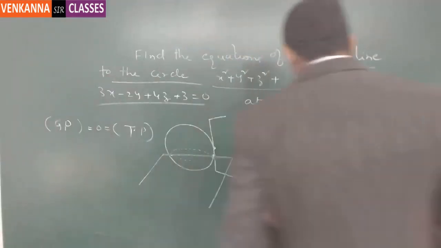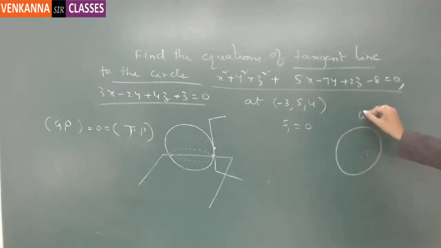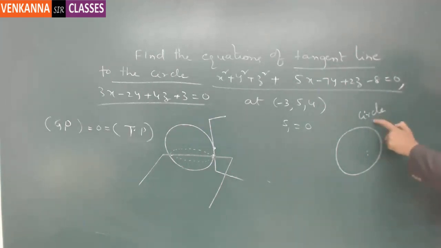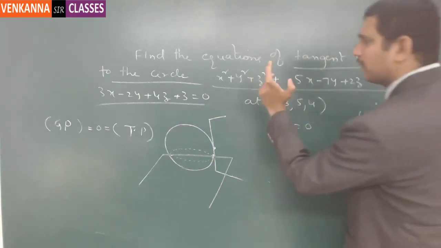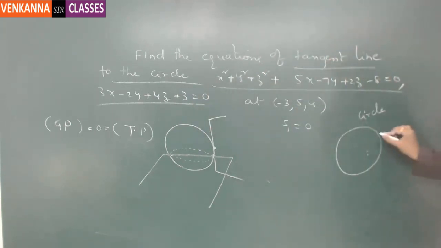Apart from this visualization, you can say this is a circle, formed by the intersection of a sphere and a plane. On this circle, I got a point here. At this point, a plane is already attached.